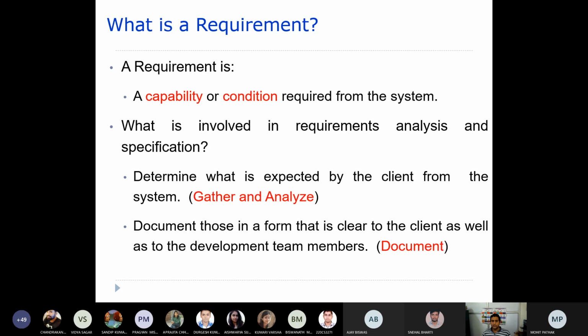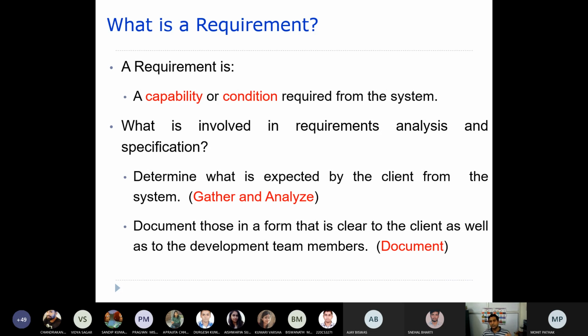So ultimately, what we are trying to do is gather the requirements from the client and then analyze the requirements so as to specify them in a way that doesn't leave any misinterpretation, or multiple interpretations.